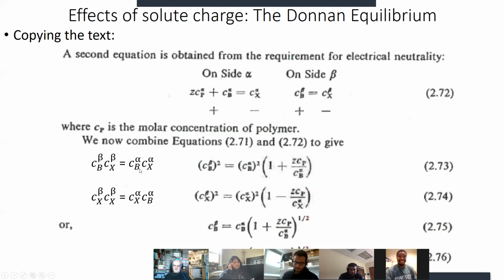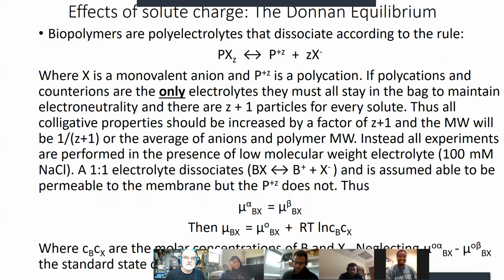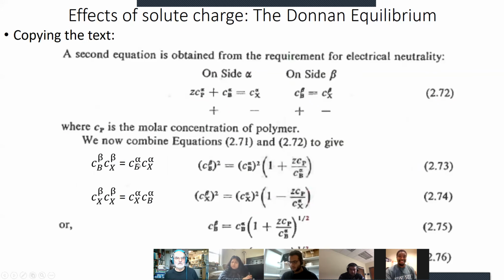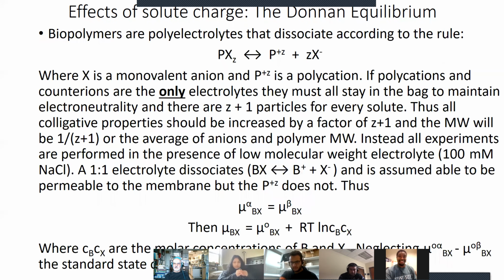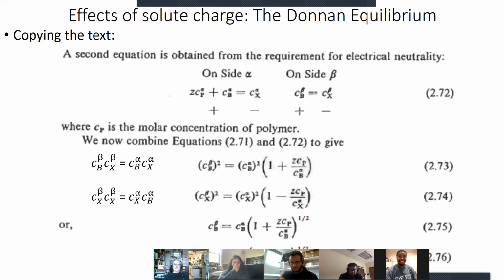This is the 271 written over here to the left. Alpha, beta, BX, alpha, beta, BX. And I turned it around because the book turns it around. In the book, the alphas are on the left, the betas are on the right, but then here they have the product of the betas here.